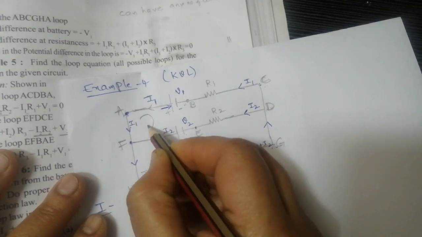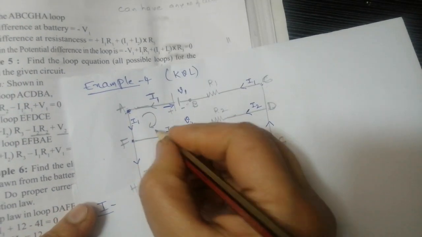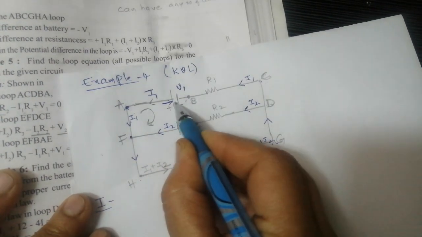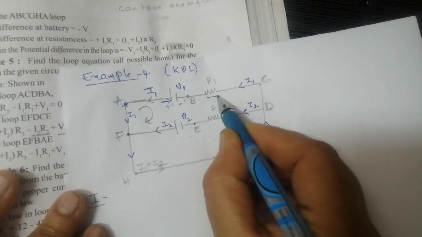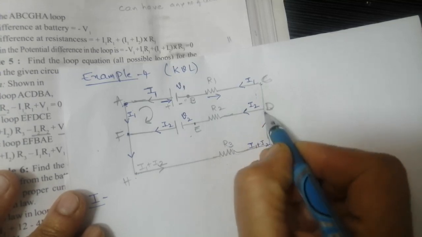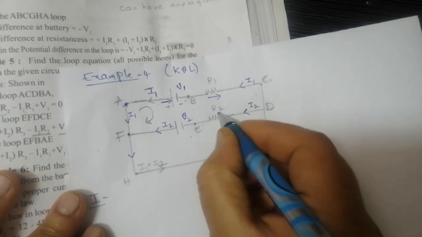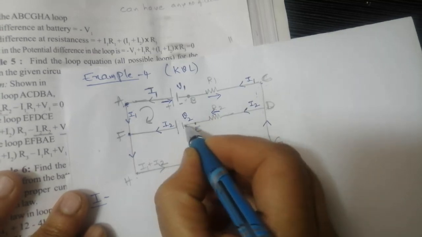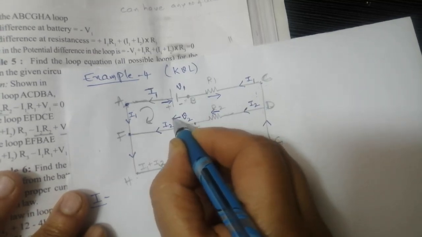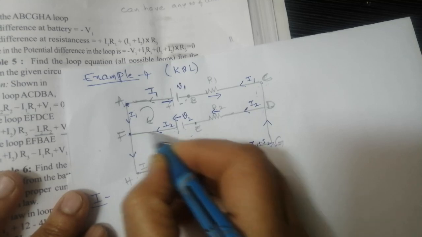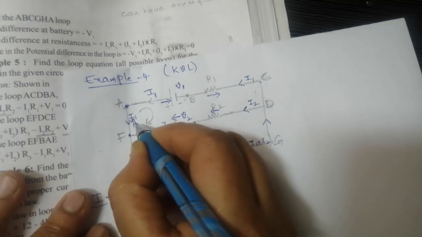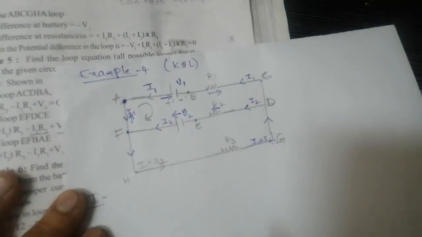Here again the path is clockwise, and there is no electrical component. Again here I will consider the circular path. One more path is there, here also I consider the circular path. Again nothing is here, so I will come and stop here, the circular path.